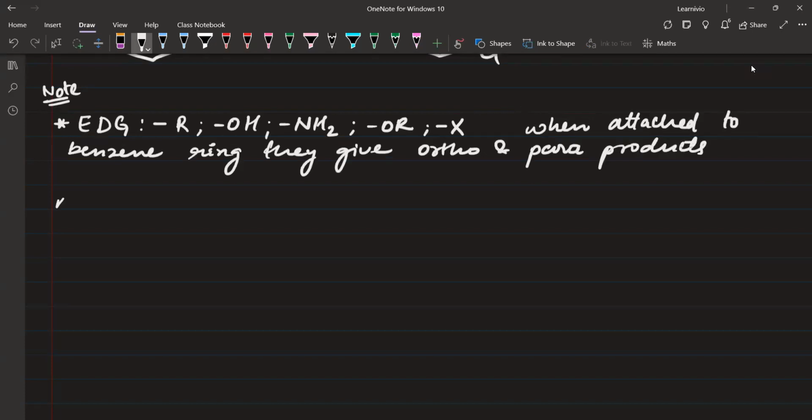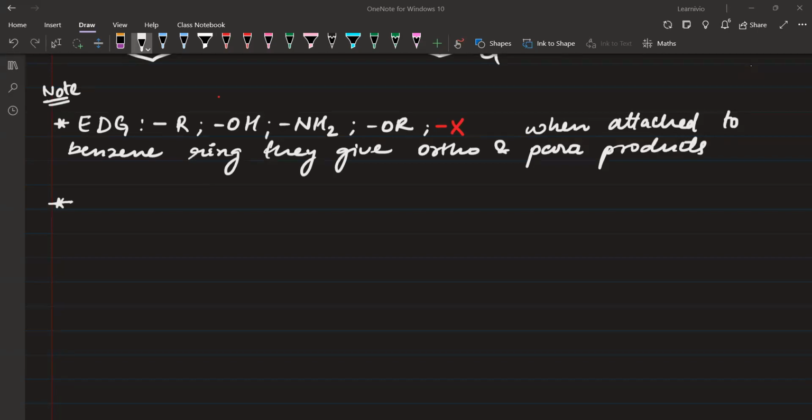By the way, there is one more thing that will also come here: for example, even halogens are also ortho-para directing. Okay. But with halogen, I am representing it in red because halogen, even though it gives ortho-para product, reduces the reactivity, because reactivity is determined by the plus M and minus M effect. So it shows plus M effect, but overall it is an electron withdrawing group, okay? But it will give you ortho and para product.